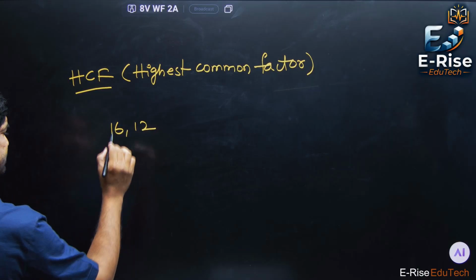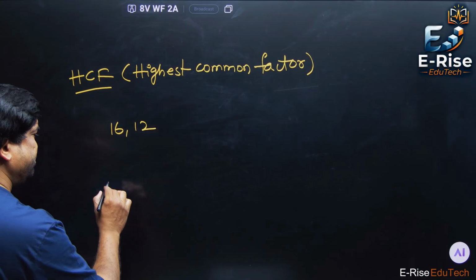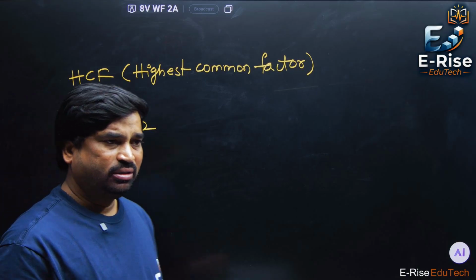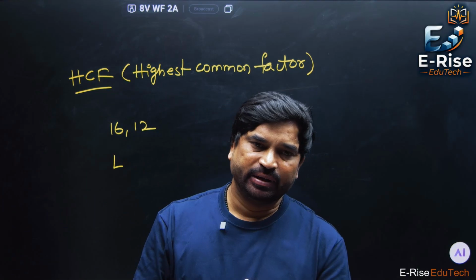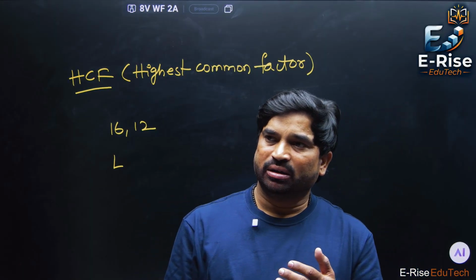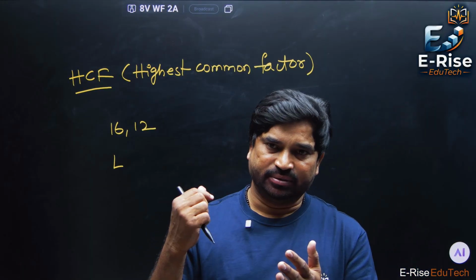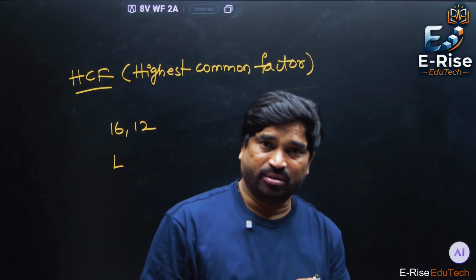16 and 12. The long division method can be applied to easily get the HCF, or the normal factorization method, or the prime factorization method. Three ways we can apply it.